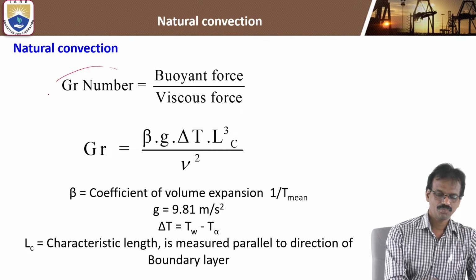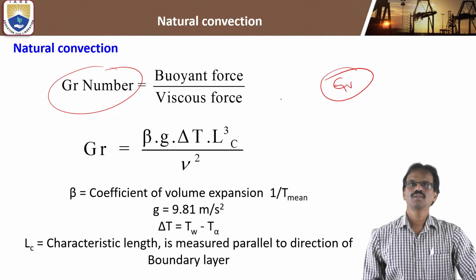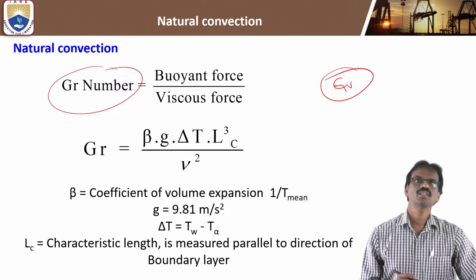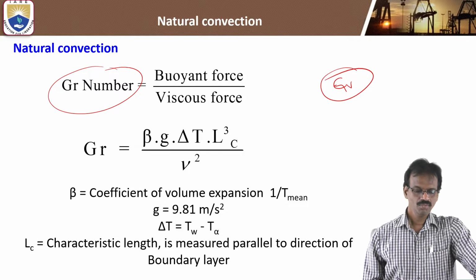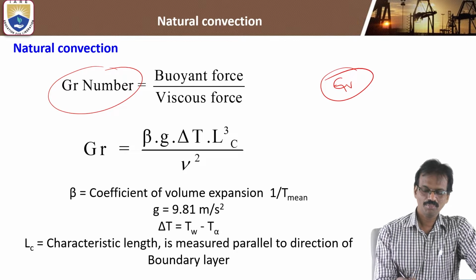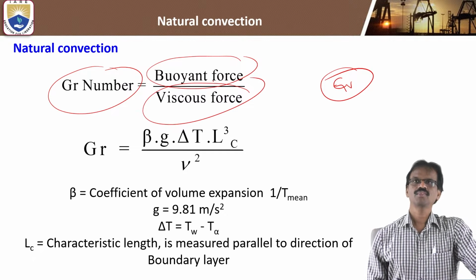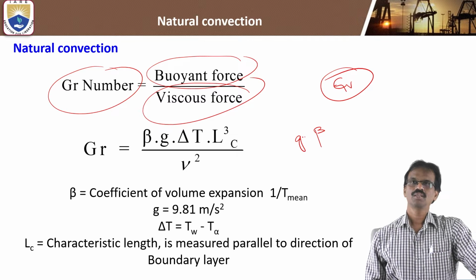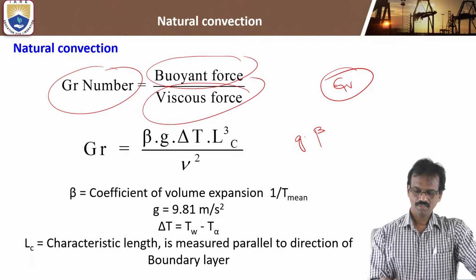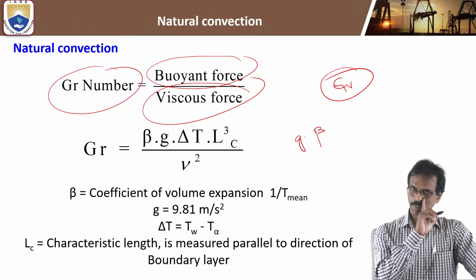Grashof number. It is represented by Gr. It is a very important dimensionless number in natural convection, similar to the Reynolds number in forced convection. The Grashof number is equal to buoyancy force by viscous force. The buoyancy force involves beta times g, where g is the acceleration due to gravity and beta is the coefficient of volume expansion.